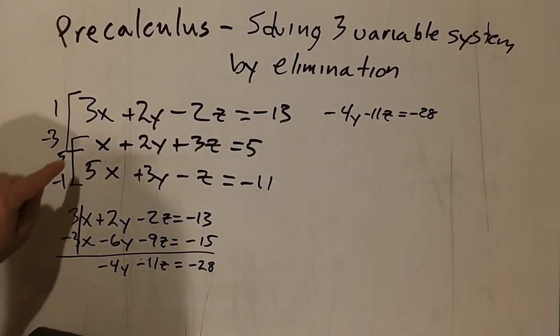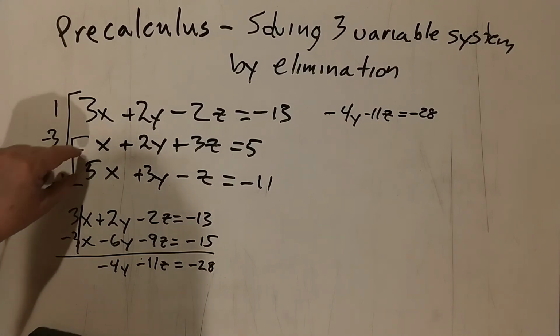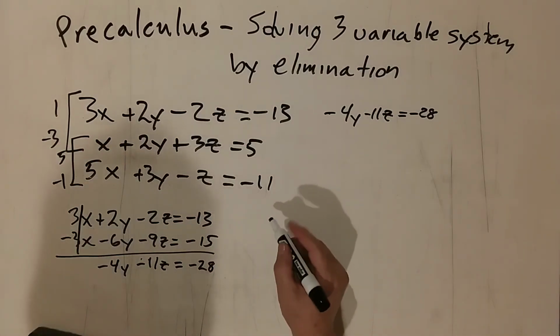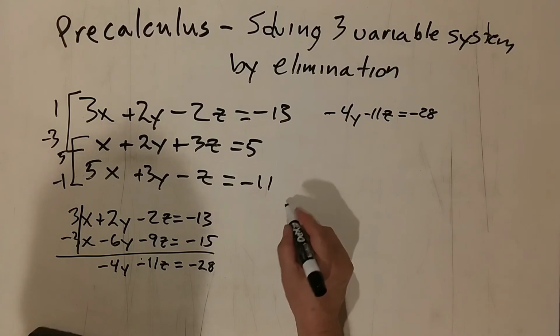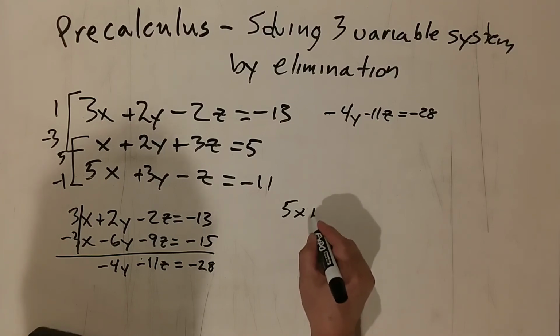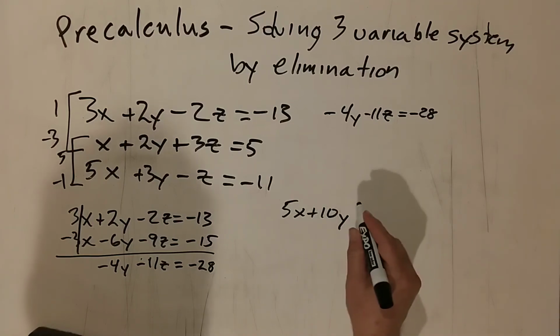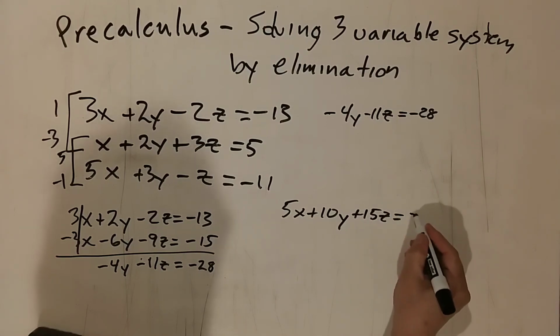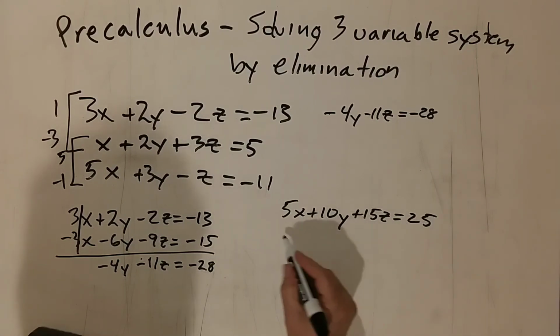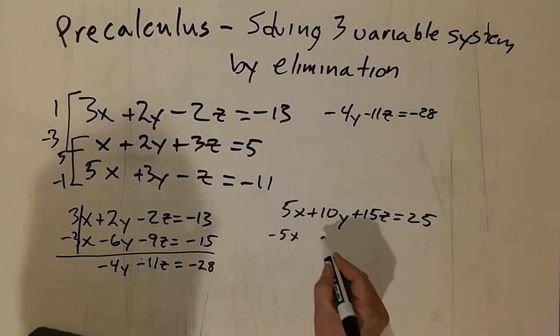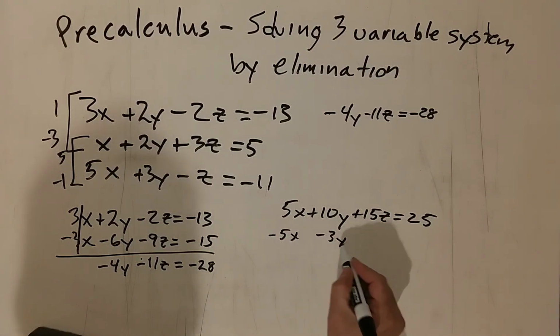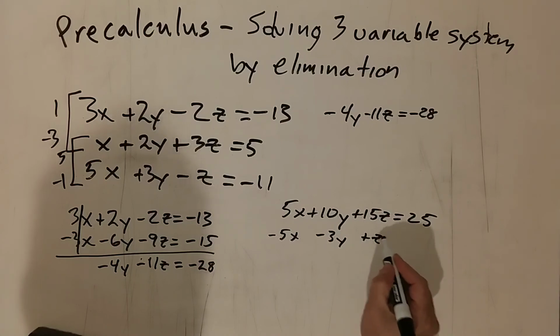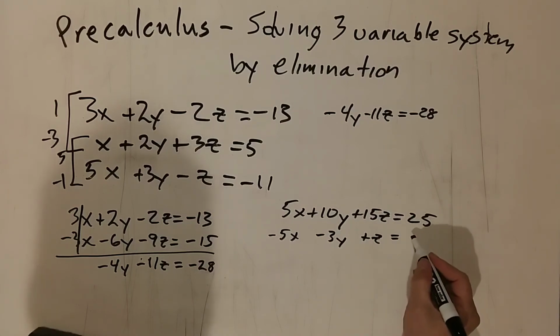Now we'll multiply 5 and negative 1 times the bottom two equations. 5x plus 10y plus 15z equals 25. And negative 5x minus 3y plus z equals 11.